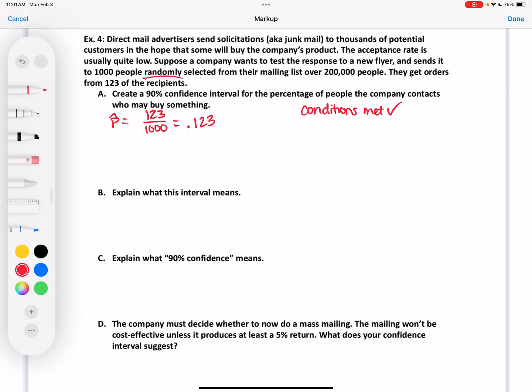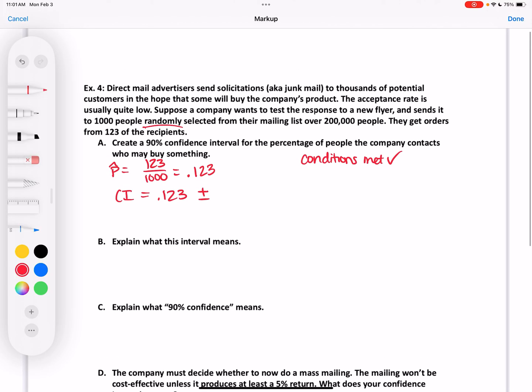So the confidence interval is equal to p-hat, which is 0.123, plus or minus. Now, the z-star for 90% is, because I don't think we had this one, 1.645.